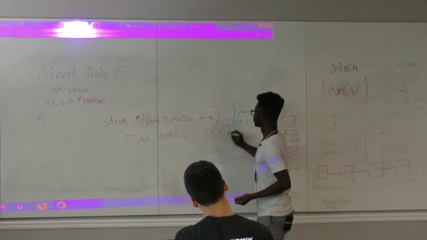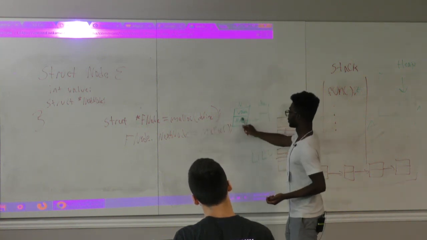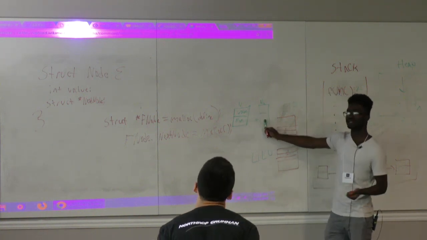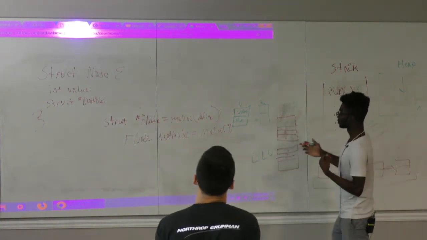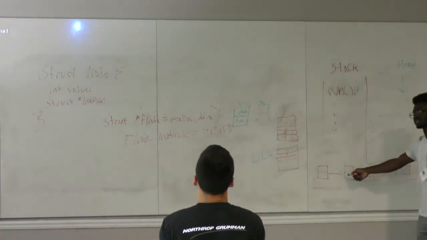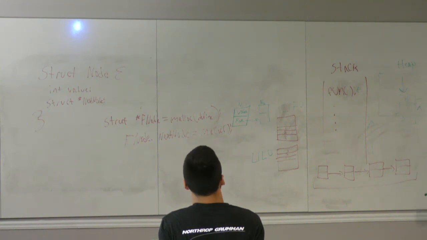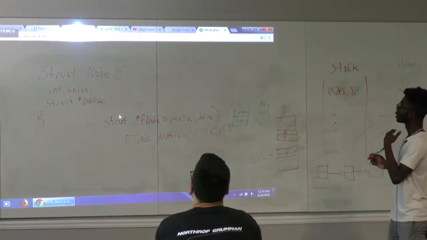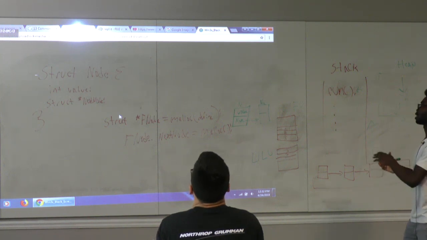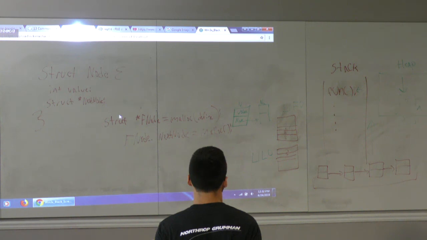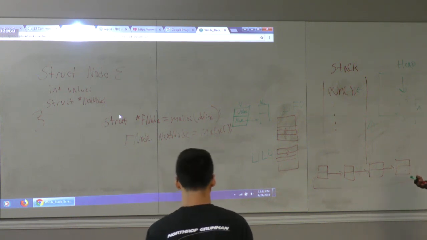Now this would create what we see here with our first node pointing to our next node. You can repeat this process X amount of times until you get the entire linked list that you want to use. All right, so this is available online, so I'm not going to go too in depth into the linked list because it is a lot to talk about, but I want to cover the fundamentals.